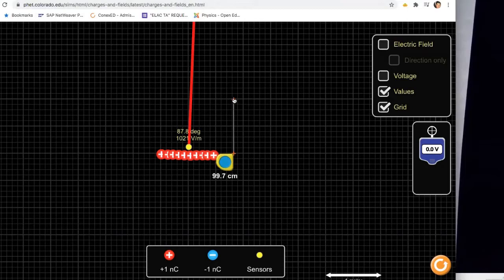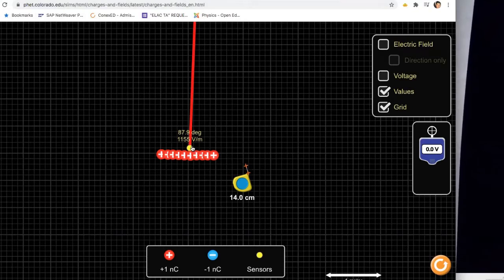That's why 2 of these is a meter. So if I'm about 10 centimeters away, the electric field is, since the sensor is so big that it takes up space, about 1100. I'll just write it as 1100.